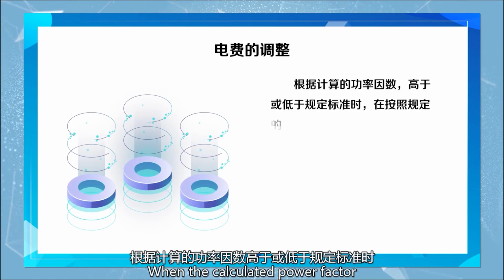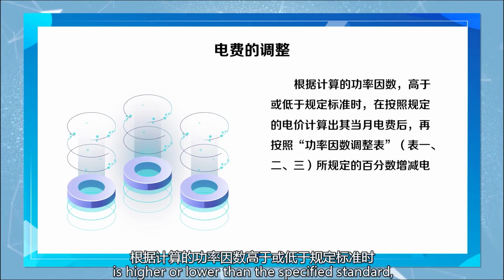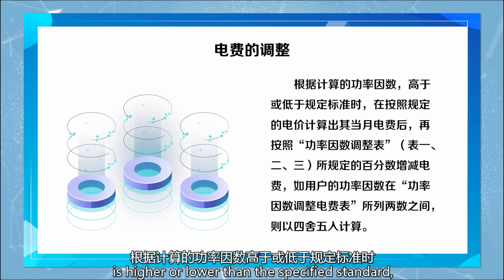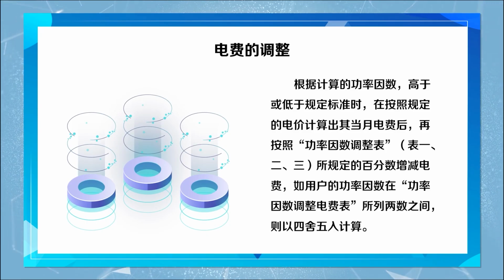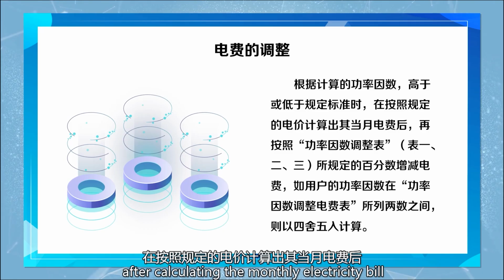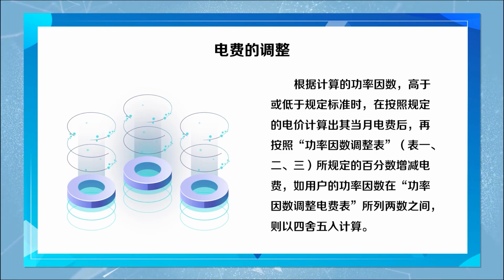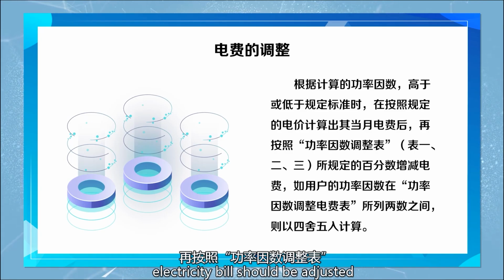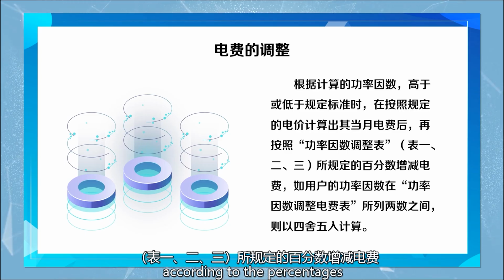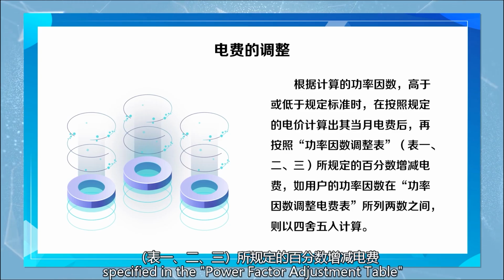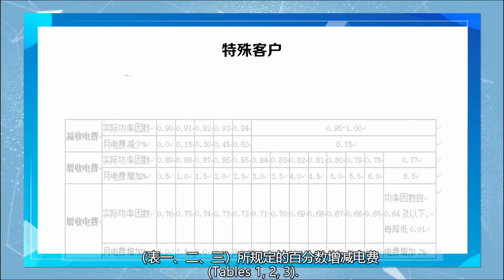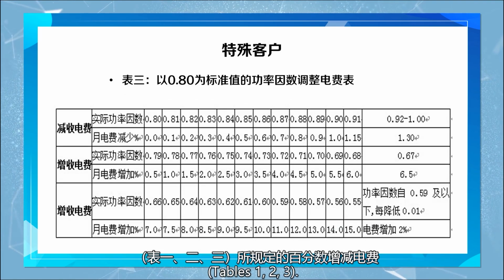When the calculated power factor is higher or lower than the specified standard, after calculating the monthly electricity bill according to the specified price, the electricity bill should be adjusted according to the percentages specified in the power factor adjustment table, tables 1, 2, 3.